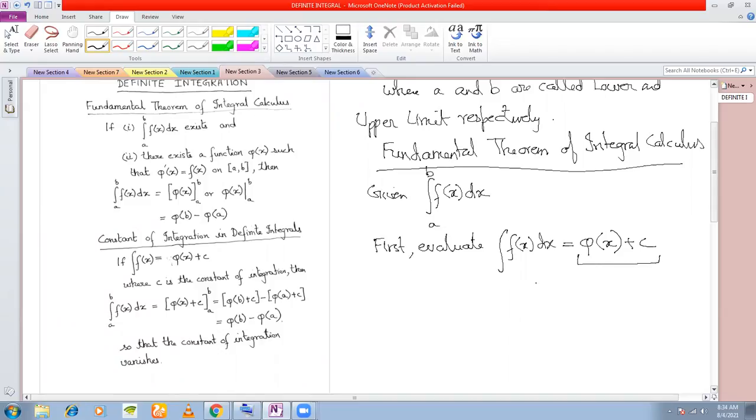Now, once you get the indefinite integral of f(x) as phi(x) plus c, you evaluate the definite integral. So integral a to b f(x) dx is equal to phi(x) plus c, integrated between a to b. What does this symbol mean?